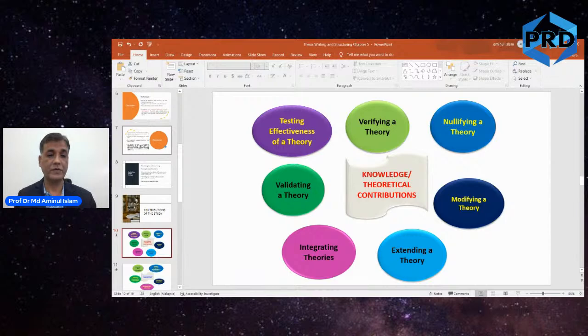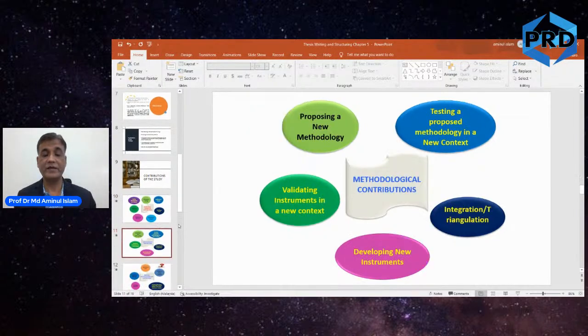Now, the next one, methodological contribution. Here you can propose any methodology. Say, for example, most of the researchers previously used qualitative study, but in your case it was quantitative. Like one of my students, he argued that most of the research previously used either quantitative or qualitative, and he used content analysis.